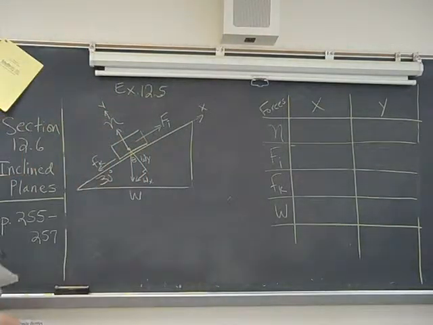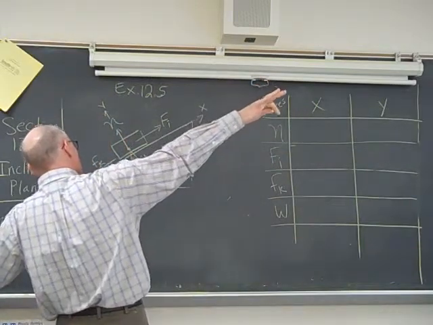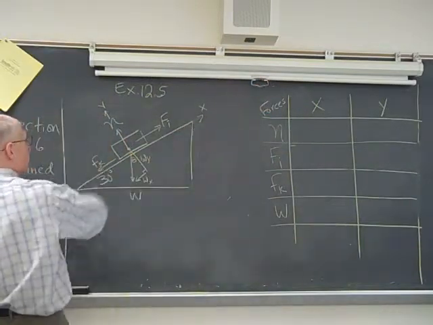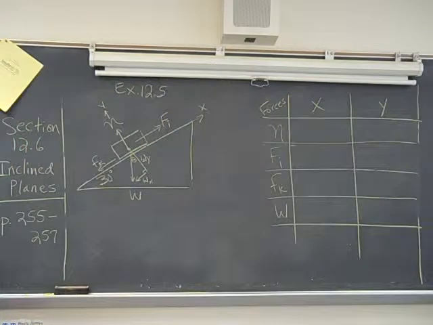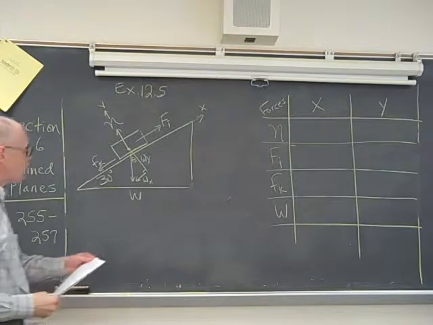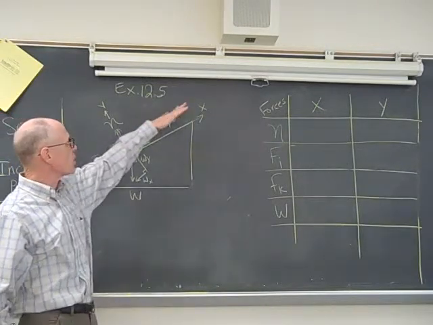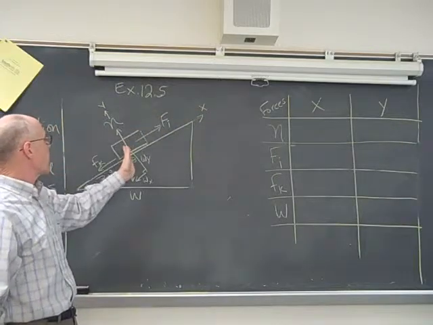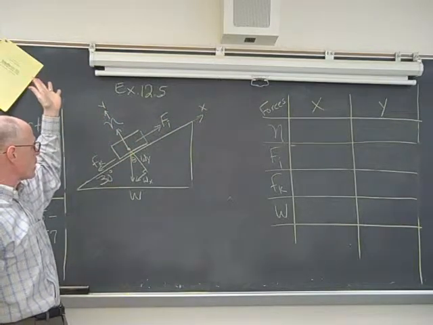So we have a 30-degree ramp, and we've taken the x and y axes and we've tilted them so that x is along the ramp and y is perpendicular to the ramp. So you have a number of forces here. You have the input force either pushing or pulling this object up the ramp. You again have a normal force, the ramp pushing back on the crate.